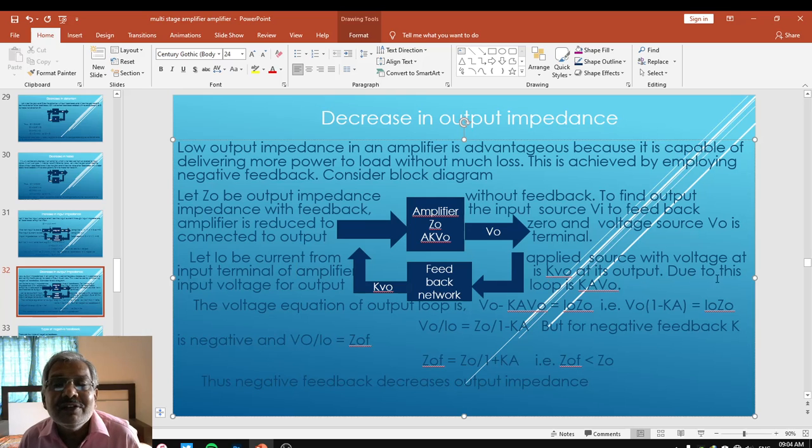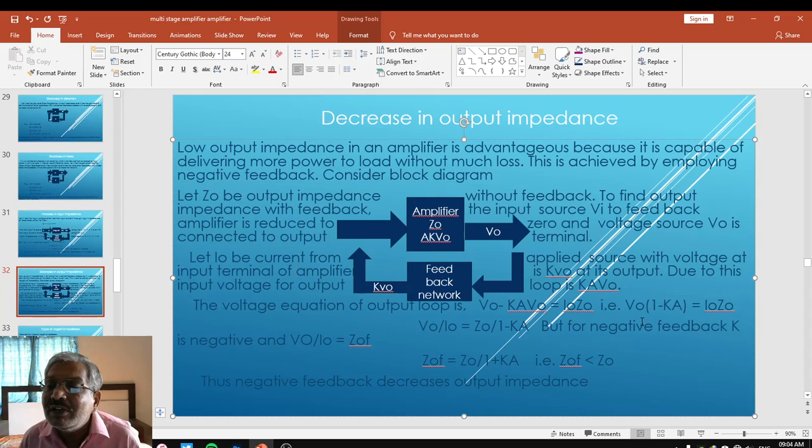Due to this, the input voltage for the output loop is K into A into Vo. The voltage equation for the output loop now becomes Vo minus K A into Vo is equal to Io Zo. Take Vo common. Vo into bracket 1 minus K A equal to Io into Zo.